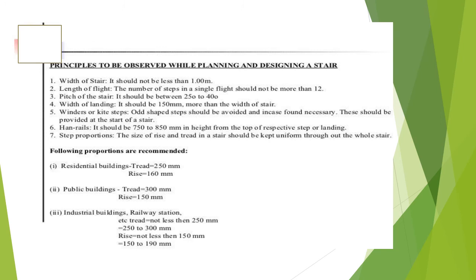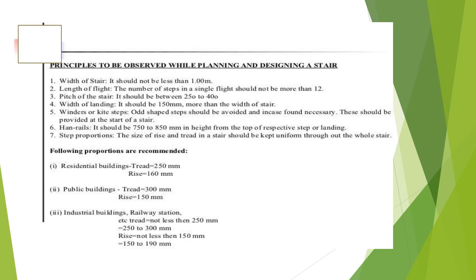Winders or kite steps: odd shapes should be avoided, and if found necessary, this should be provided at the start of the stair. Handrails: it should be 750 to 850 mm in height from the top of the respective step or landing. Step proportion: the size of the rise and tread in a stair should be kept uniform throughout the whole stair. The following proportions are recommended.